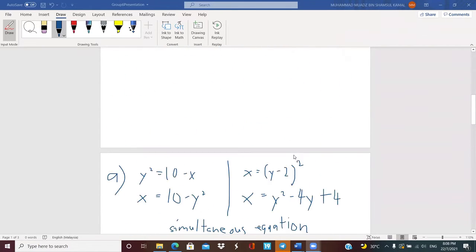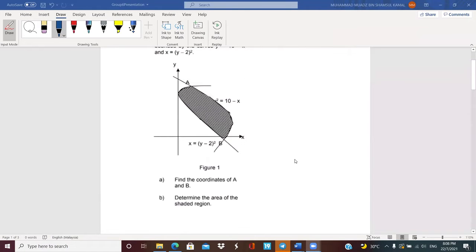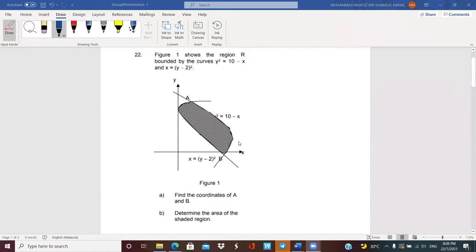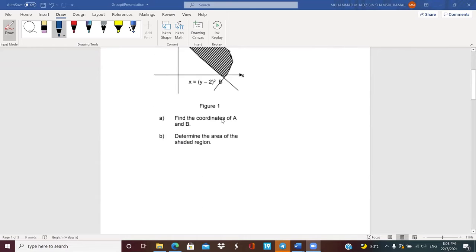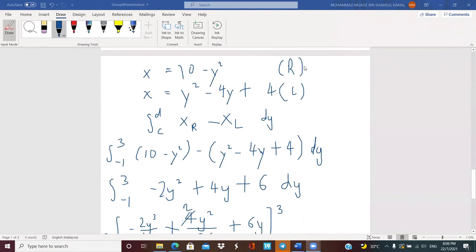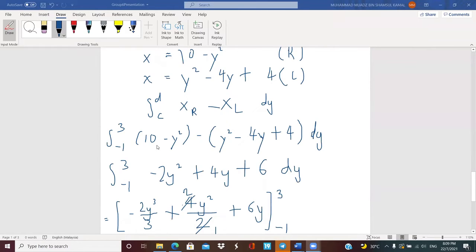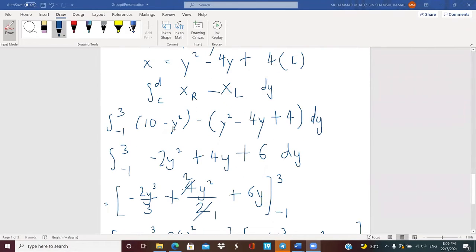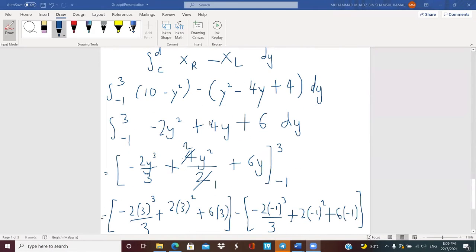Then we go to the second question. Determine the area of the shaded region. So the formula is integrate right curve minus left curve. This is the right equation, and this is the left equation. So we subtract it, and then we simplify.